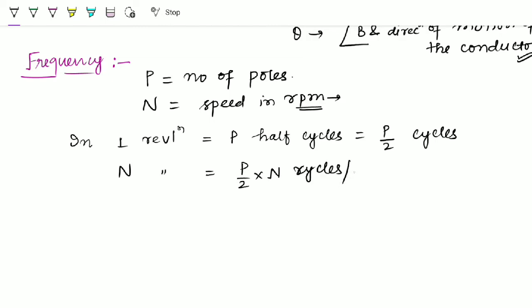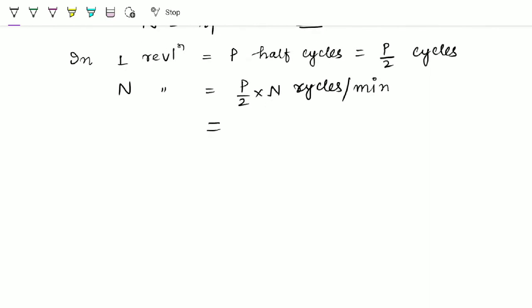Now let us convert this minute into second. For converting, we will have to multiply by 60 in the denominator.